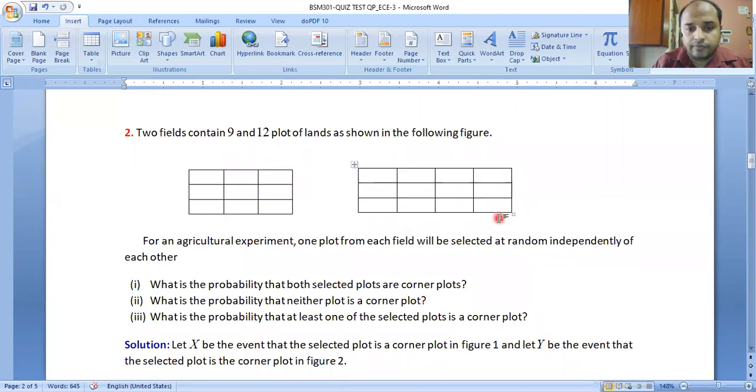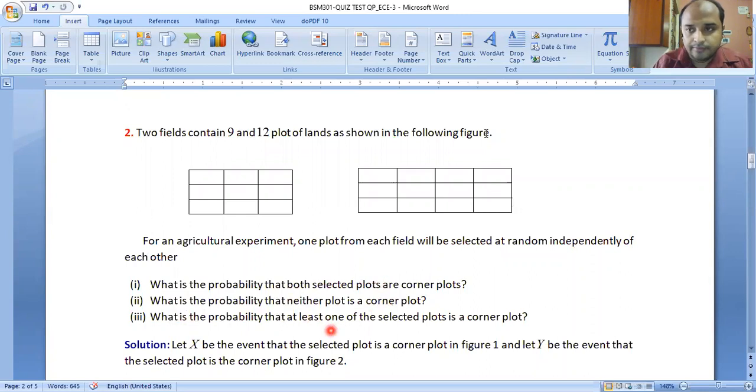Now you are supposed to find, if you select 2 plots, one from this figure and another from this figure, at random and independent of one another, what is the probability that both selected plots are corner plots? What is the probability that neither plot is a corner plot? What is the probability that at least one of the selected plots is a corner plot?